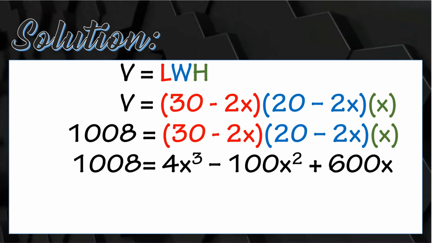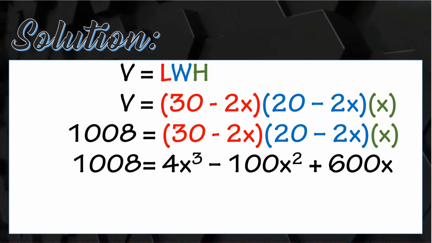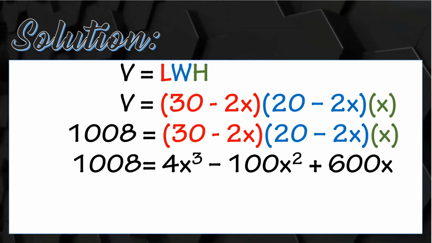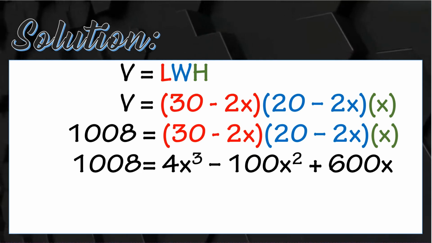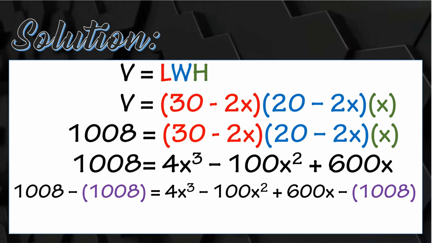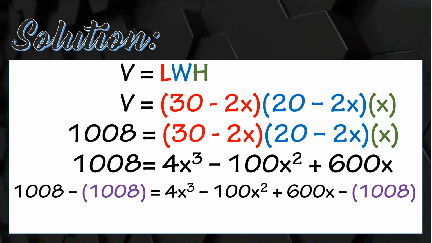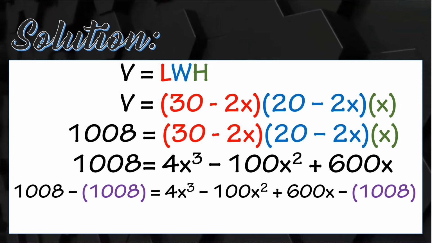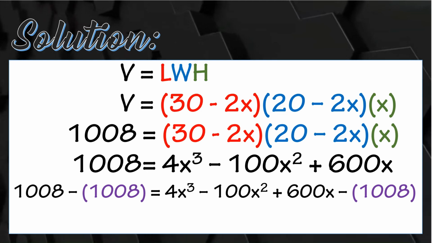Multiplying the dimensions, we will have 4x cubed minus 100x squared plus 600x. Using the subtraction property of equality, we can subtract 1008 from both sides of the equation so that the left side would be equal to 0.